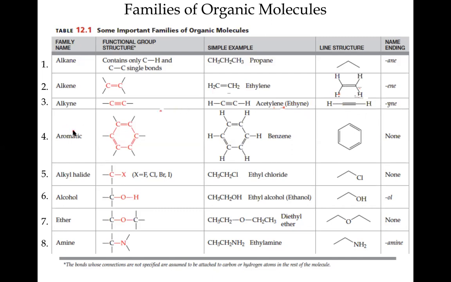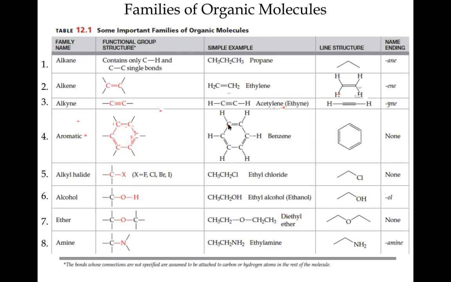Now, from there, it gets a little bit more complicated. We have aromatic family. Aromatic, yes, comes from aroma. These compounds tend to have a smell, some pleasant, some not pleasant. But what gives it its functional group is the presence of this 6-carbon ring with alternating double bonds. Okay, so benzene, that's the simplest version, and it does not smell good.